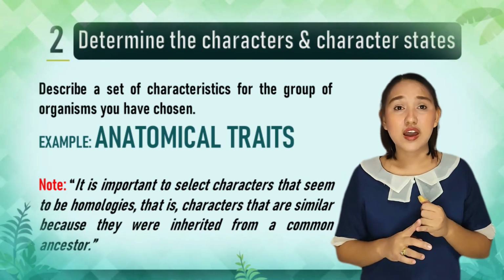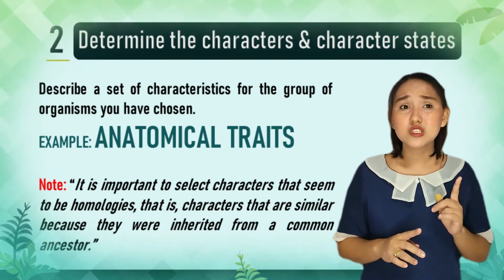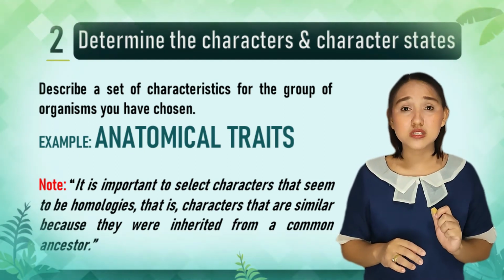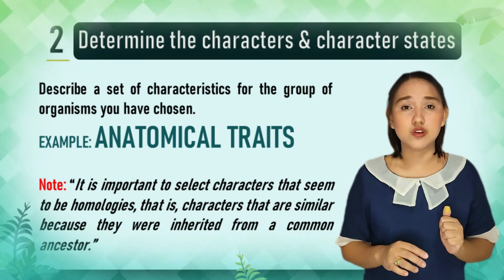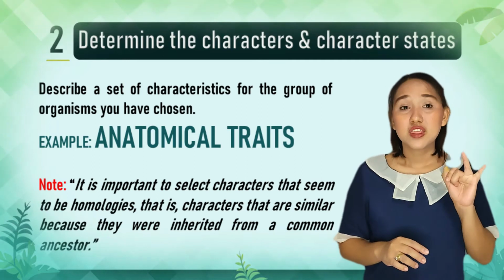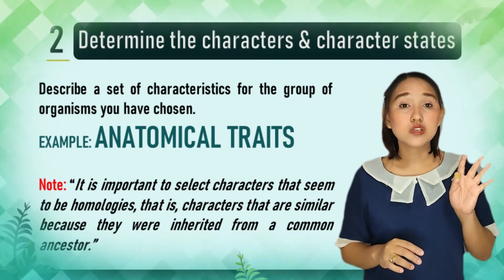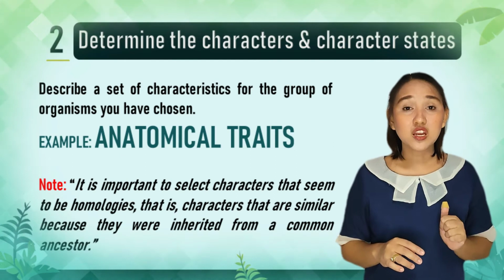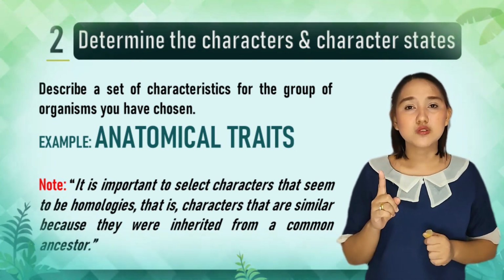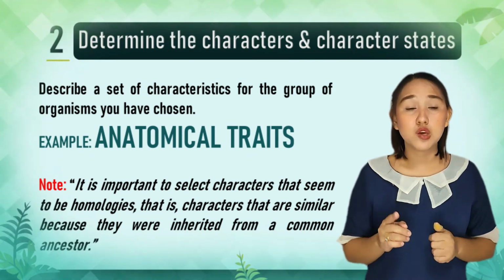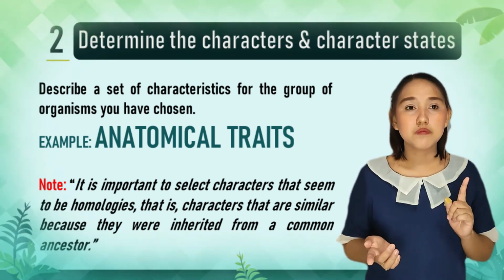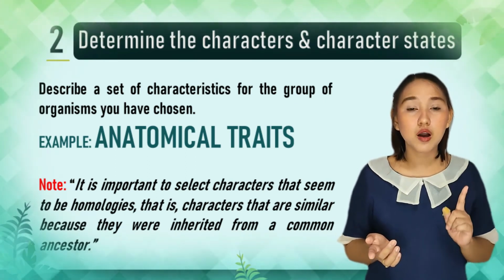If instead of anatomical traits, you were examining gene sequences, you might select the 362 bases in a particular gene as your character, and your character states would be adenine, thymine, guanine, or cytosine for each of the 362 characters. Note that it is important to select characters that seem to be homologous, that is, characters that are similar because they were inherited from a common ancestor.